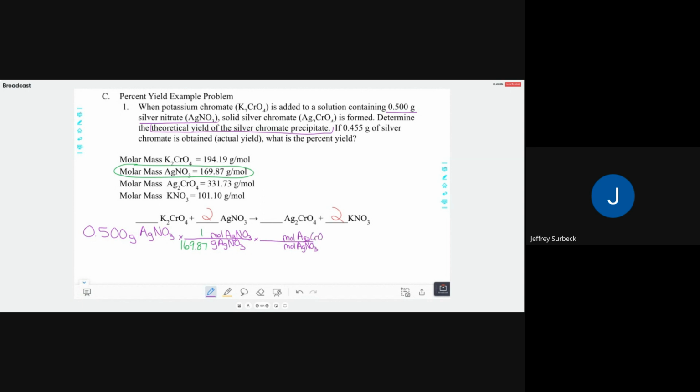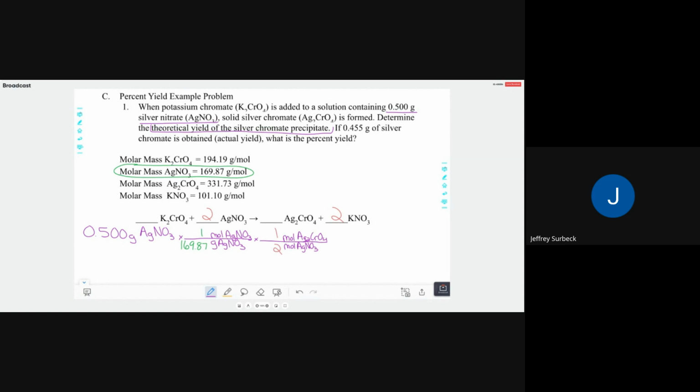Okay. Mole over mole. Where would we get? Very good. Coefficients. All right. So on bottom with AgNO3, what number do we need to put? Okay. On top with silver chromate, what do we need to put? 2 and 1, right? Because that is the coefficient that's listed there.